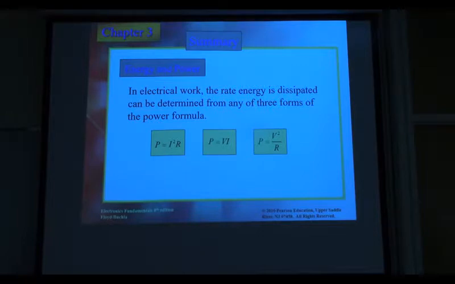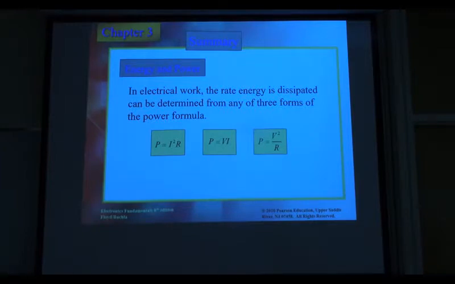Okay, we discussed power in general, mechanical power or electrical power in the general sense. Now we are given a circuit. We know the voltage, the current, and the resistance, all three parameters. We are going to find the power or the energy in the circuit.